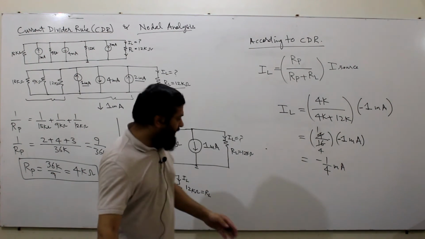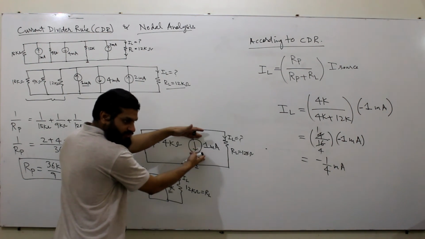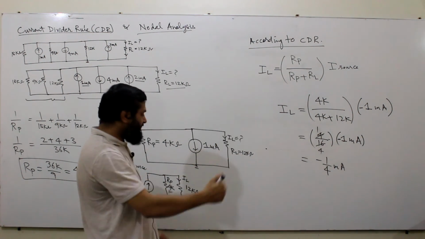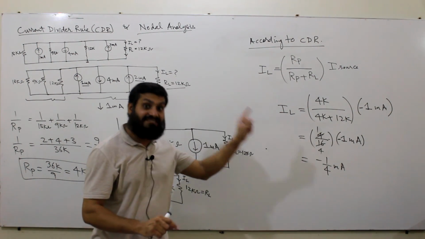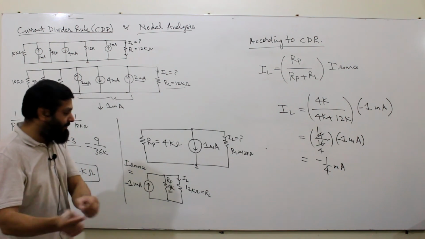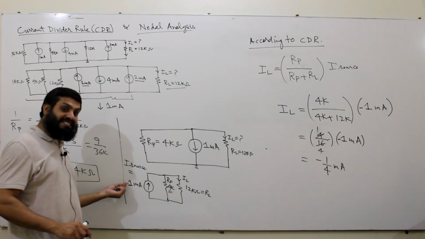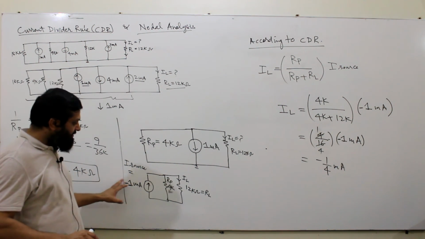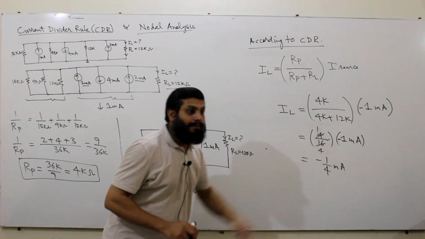If we solve in the similar manner as we were solving for the previous one, you would have to write a statement that both the currents are going in the opposite direction, and you will have to place a negative sign over there. But if you don't want to write any statement, then you will have to change its direction upward, and place a negative sign. And now if you solve, you will automatically get a negative sign over there.